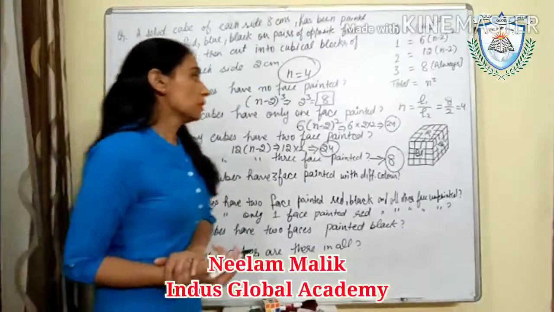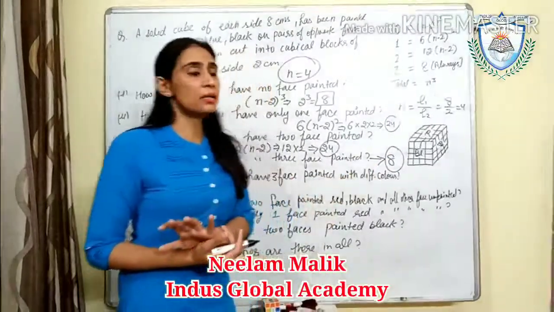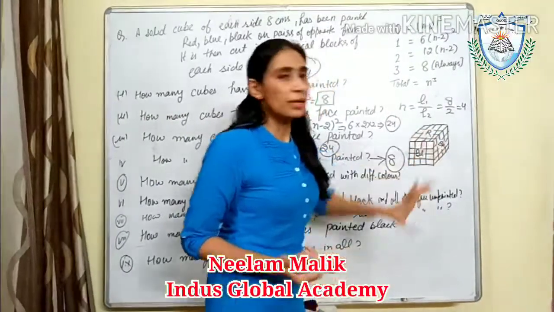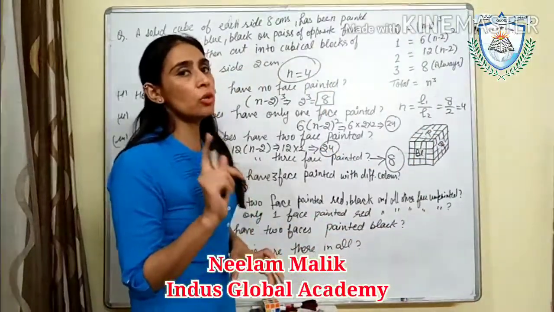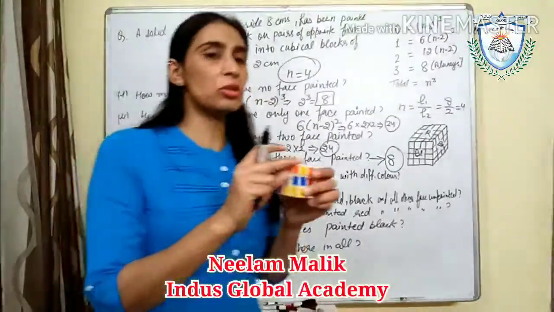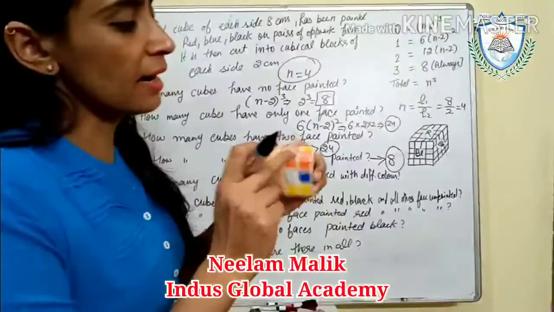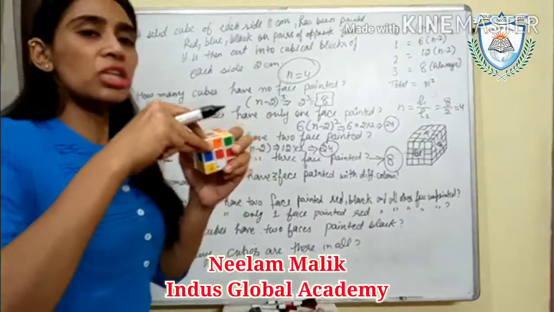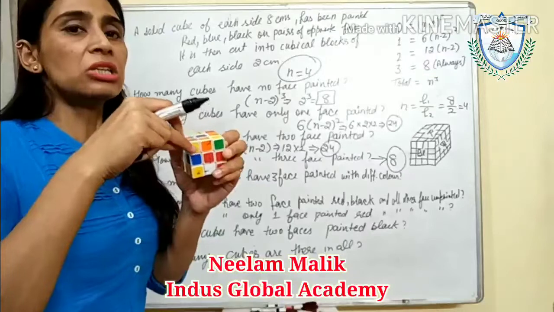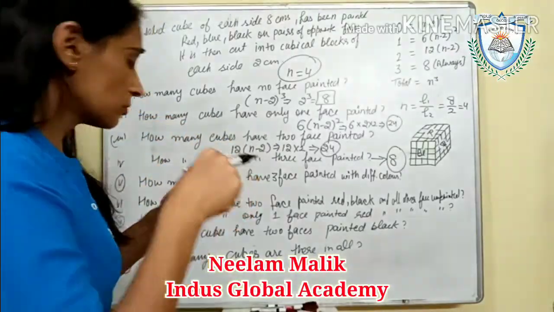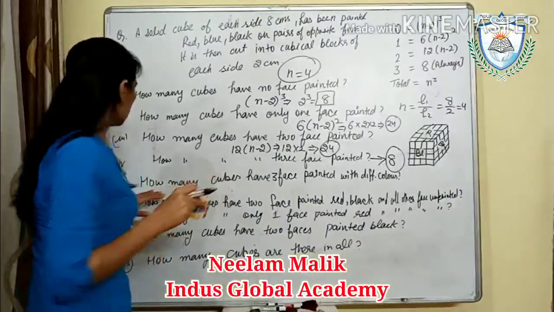Opposites have the same color, so red and red, and at the corners there will be no opposite. Suppose we are talking about this corner: here is red, here is orange, here is yellow. So these corners will always have 3 different colors.